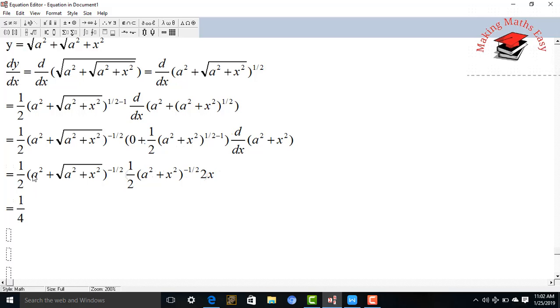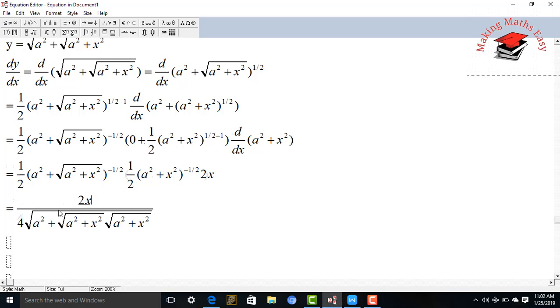So in the denominator it will be this, and 2x will come in the numerator.